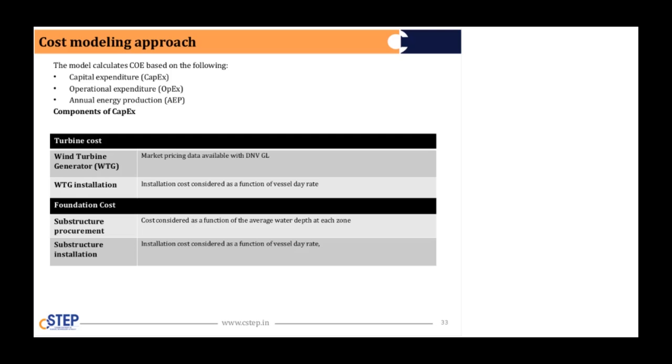Now, after we had the levelized cost of energy, it was necessary to evaluate the general components of capital expenditure, Capex, operational expenditure, OPEX, and energy production. What would be the individual components of these three cost items?